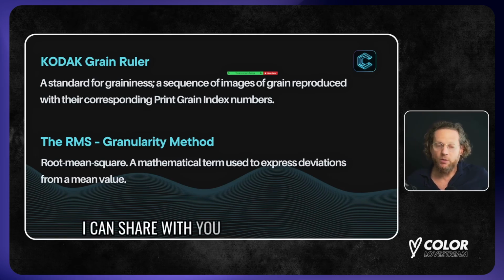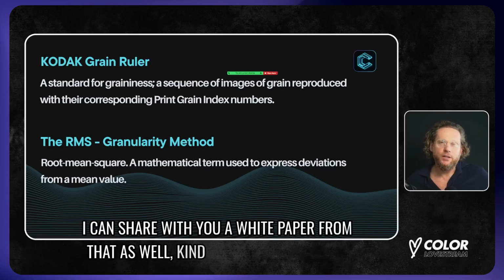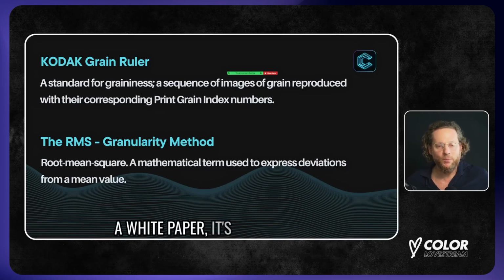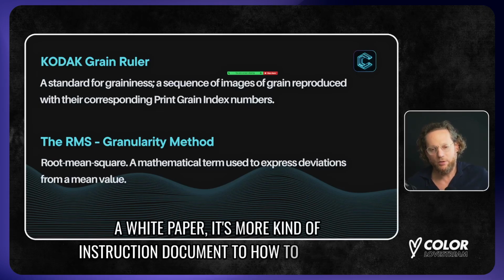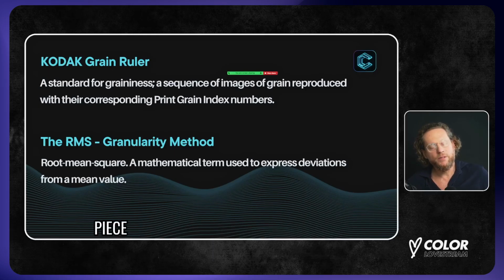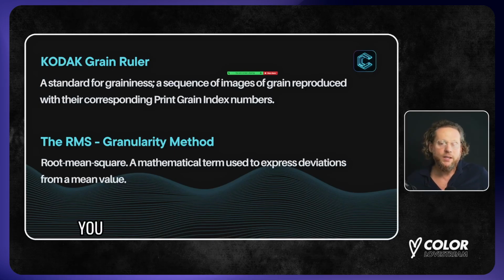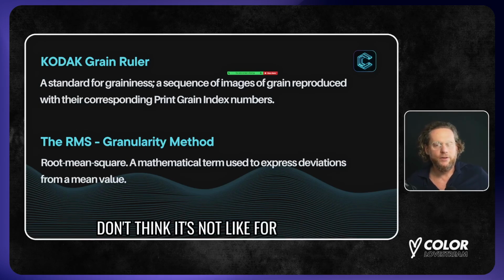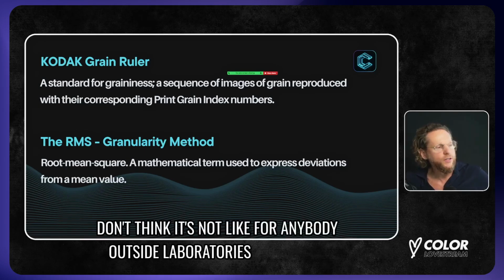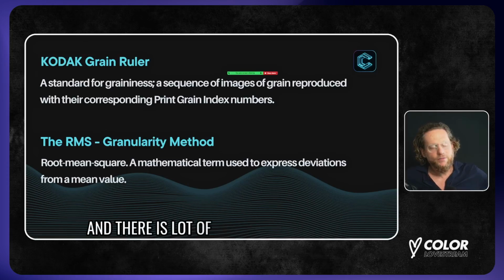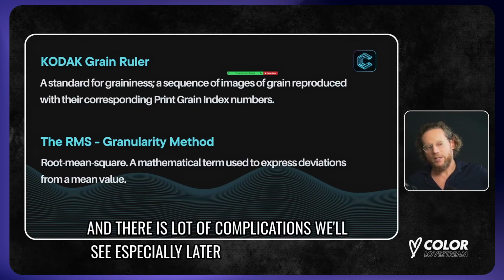I can share with you a white paper, or rather it's more of an instruction document on how to use this piece of equipment or this method of measurement. You need very, very expensive equipment for this. I don't think it's for anybody outside laboratories to do, and there are a lot of complications we'll see later, especially with negative and print.